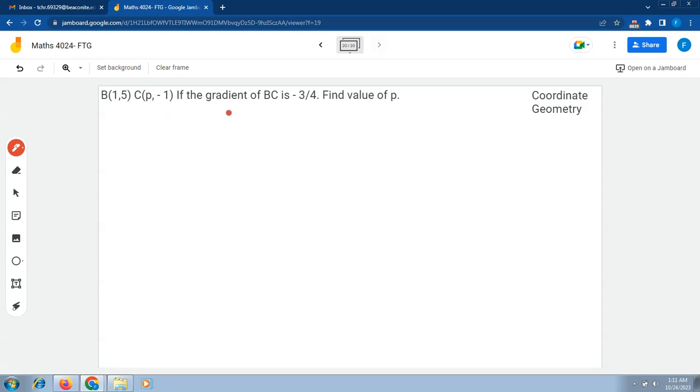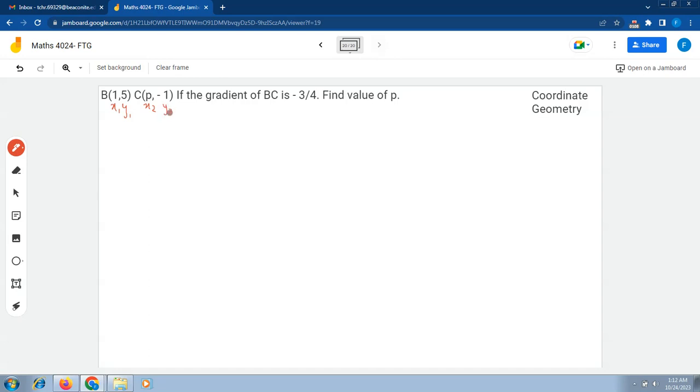Since the gradient is given to us, we will be using the formula of gradient, that is y2 minus y1 upon x2 minus x1. For that we have to label our points first. Since B is my first point, I will label it as x1 and y1. The value of x1 is 1 and the value of y1 is 5, and since C is my second point, this will be x2 and y2. The value of x2 is P and the value of y2 is minus 1.